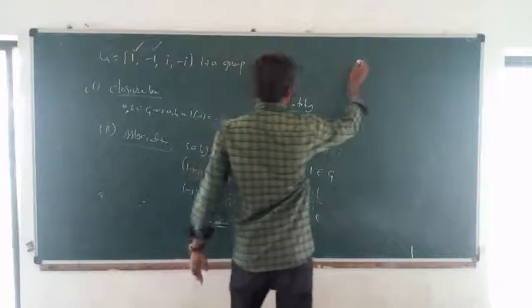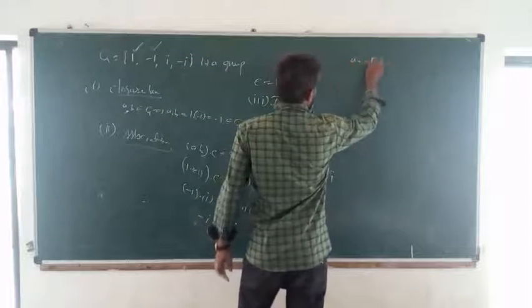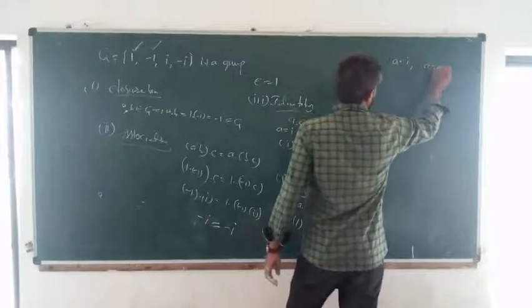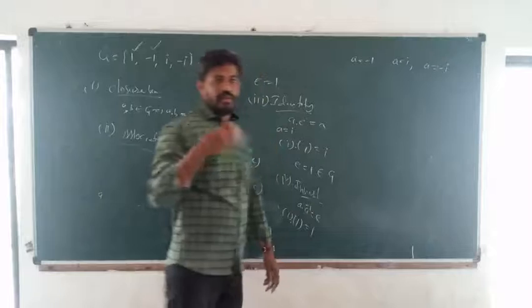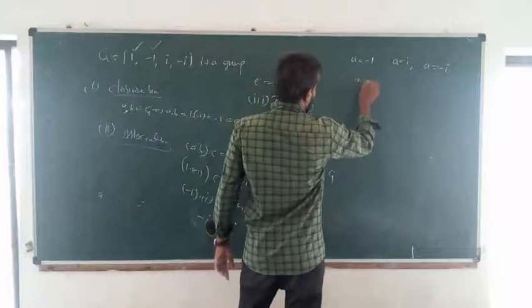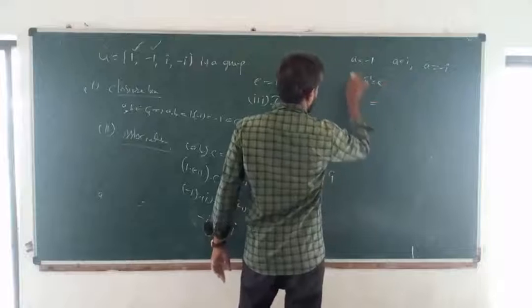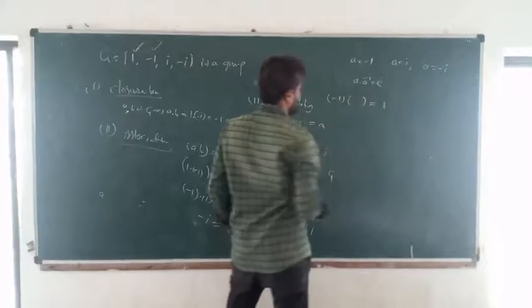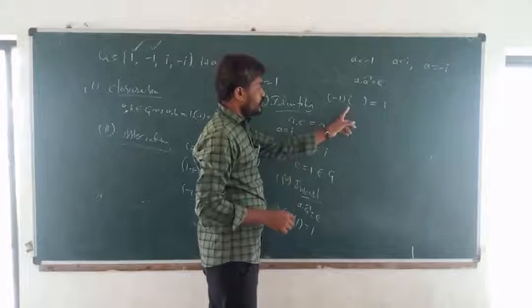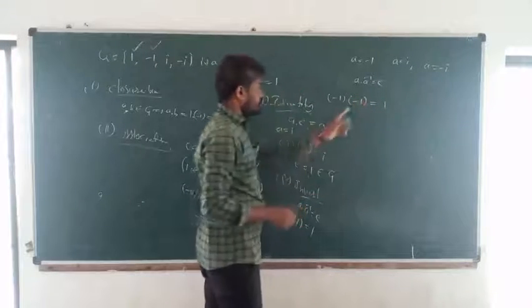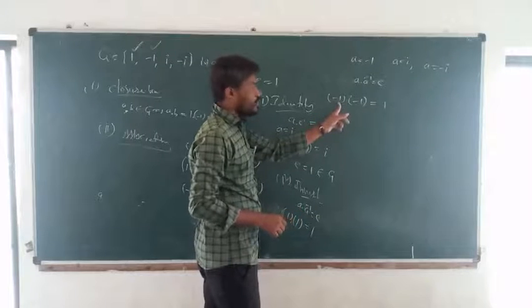Next, a equal to minus 1, another a equal to i, another a equal to minus i. For each element you can find the inverse by applying the condition a dot a inverse equal to e. For minus 1, minus 1 into minus 1 is equal to 1, so minus 1 is the inverse of this element.